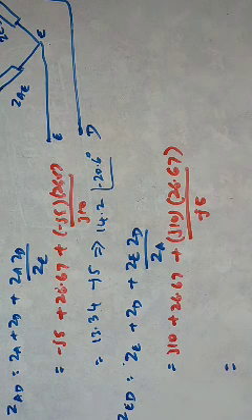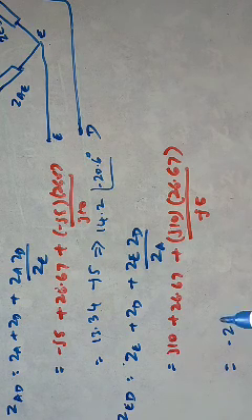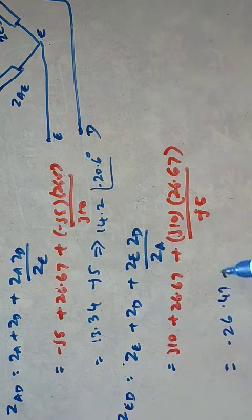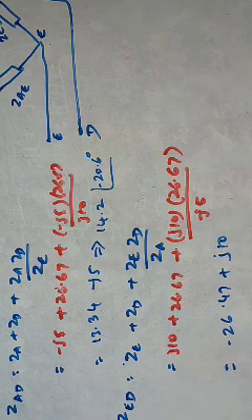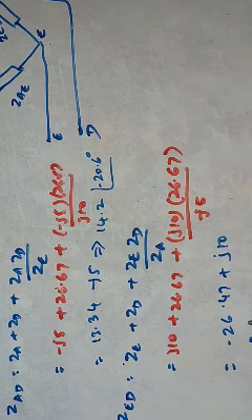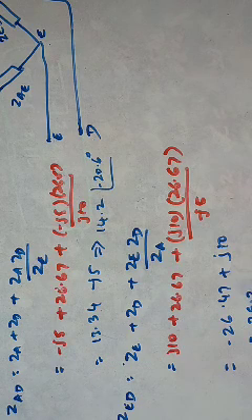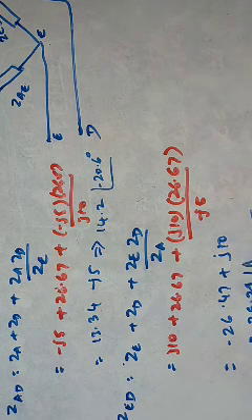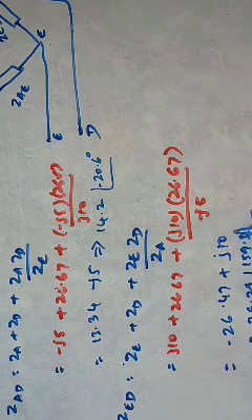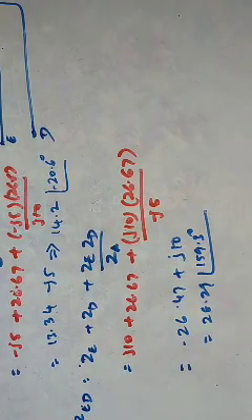And ZED is equal to minus 26.47 plus J10. This can be converted into polar form as 29.29 at an angle of 159.3 degrees.